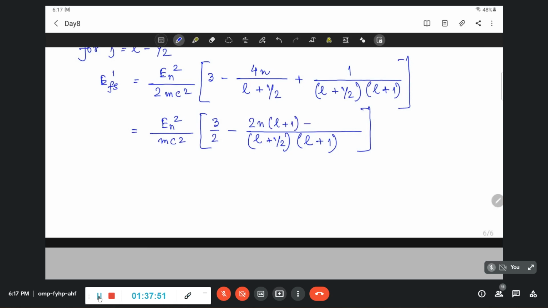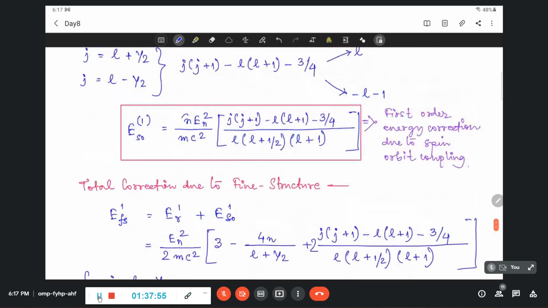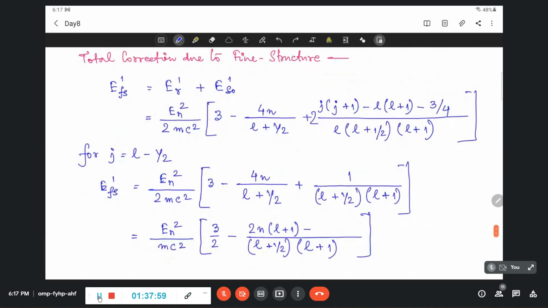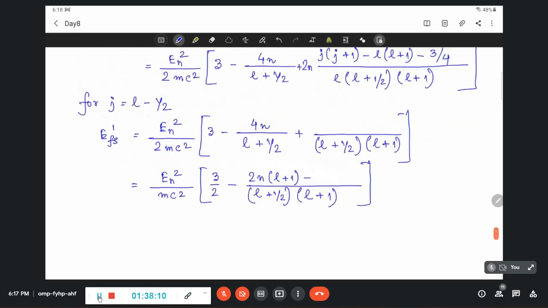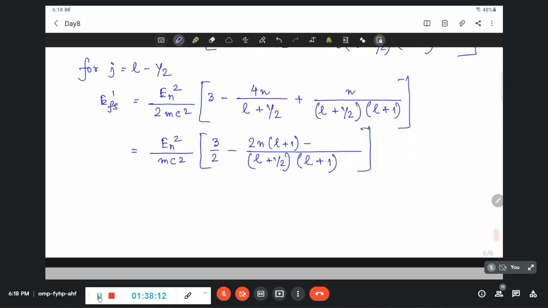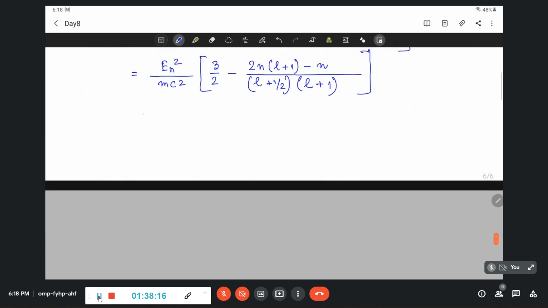I missed this n, so there is an n over here. So this n I have to include here as 2n. Is this clear? Let's write 2n, and then there will be an n over here, and there will be this n. Okay, fine.